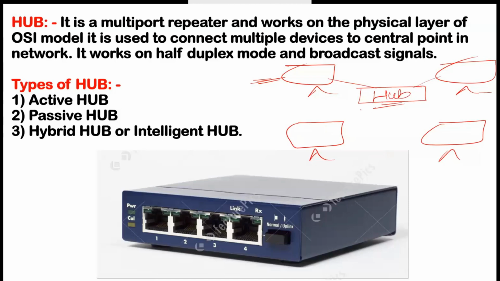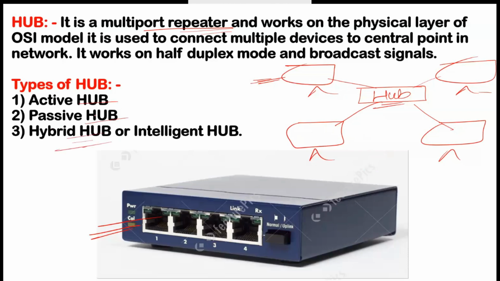So earlier hubs were used in the market and in networks. By hub you can connect multiple devices. There are multiple ports. In this picture you can see we have four ports, and eight ports are also available. By these ports we can connect the devices with each other. It is also a multi-port repeater, which means it also works as a repeater.